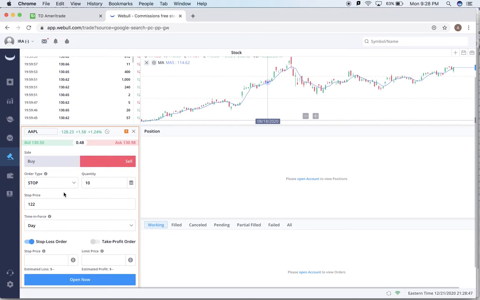So in other words, when I set this at 122, whatever the stock price is after it hits 122, it's almost like a market trade. Whatever that price is, is what the trade is going to be executed at.